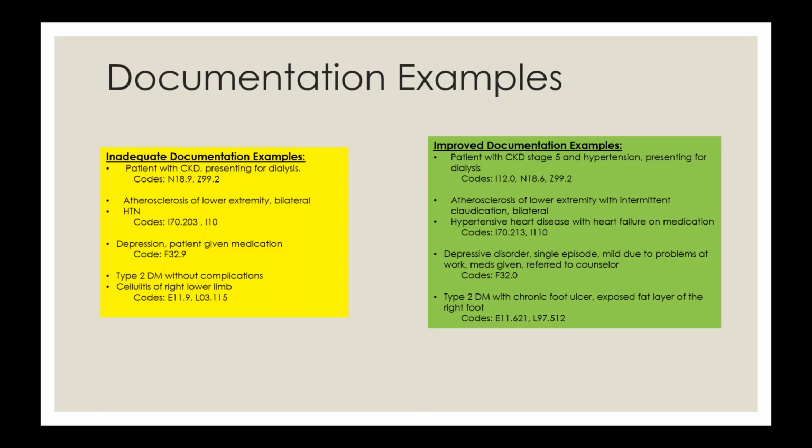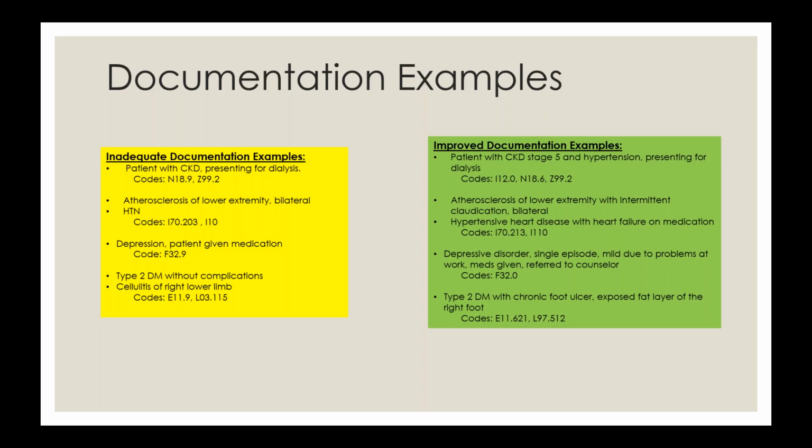And then also an inadequate documentation as far as atherosclerosis of the lower extremity, and then bilateral, and then hypertension. If they were to document atherosclerosis of lower extremity with intermittent claudication, bilateral, and then hypertensive heart disease with heart failure on medication, that also gets you those more specified codes. And your depression, so if you just put depression, patient on medication, it goes to the unspecified code.